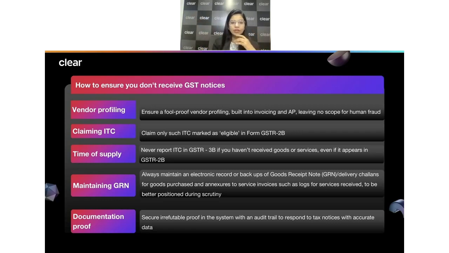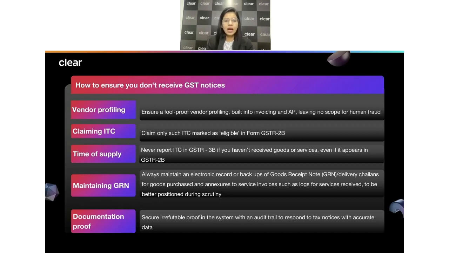But now I am eligible to claim ITC because I have received the goods and it was there in my previous month. So will this value come in table number 4A5 automatically, when the government auto-populates? That's a question to all of you. Whether this 100 rupees ITC will come and sit in my table number 4A5 automatically when I try to file my GSTR-3B for the month of May, or it will not come.